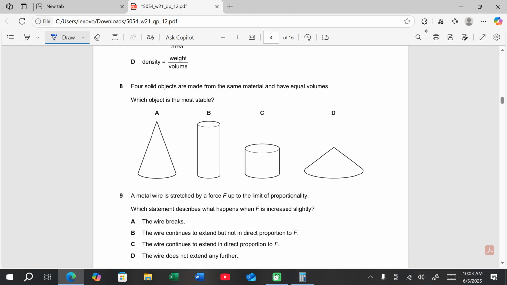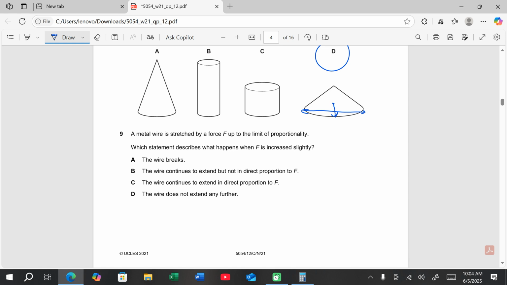The one with the greater base area, so that is going to be the most stable, because two things are related to stability. One is the center of mass. If the center of mass is lower, the object is stable. If the base area is greater, the object is stable. So this has both. Center of mass is somewhere here and it has the greater base area.